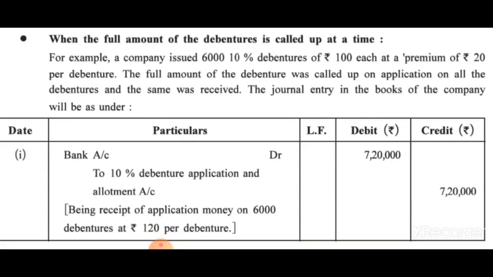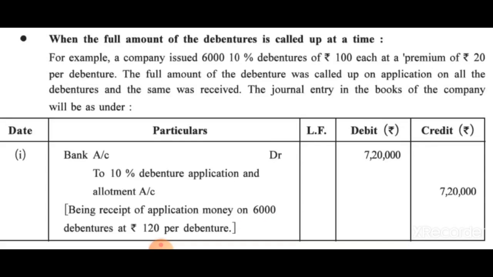So 6,000 into 20, 1 lakh 20,000 rupees. The full amount of the debenture was called up on application. Means here they are calling all the amount at the time of application on all the debentures, and the same was received. The journal entry in the books of the company.